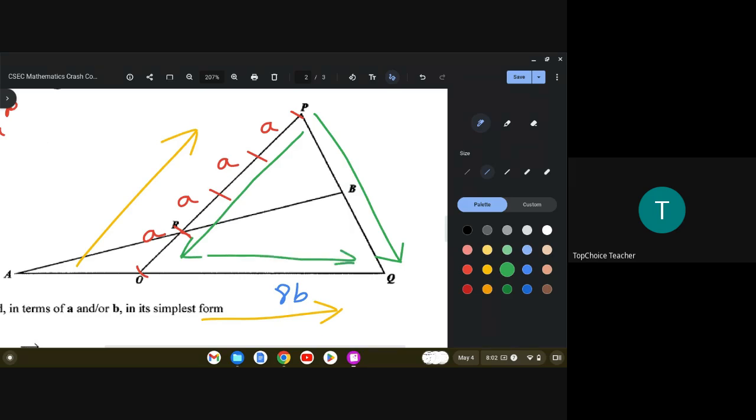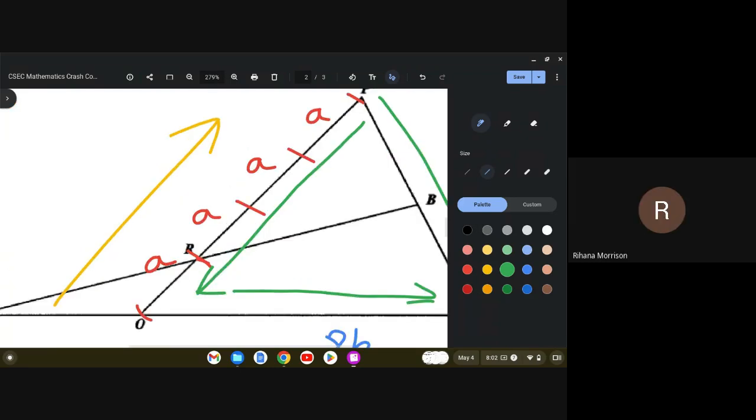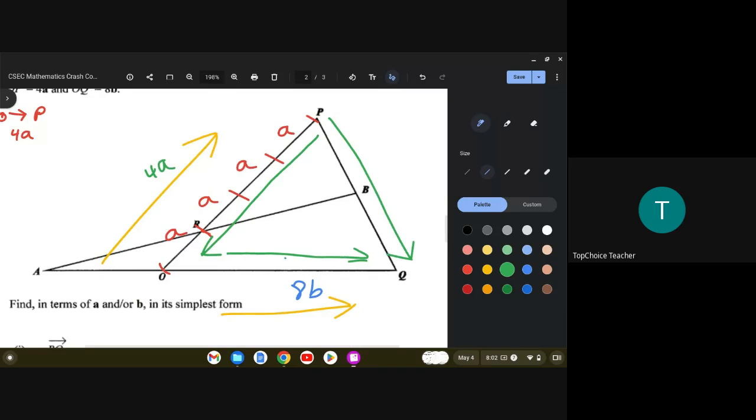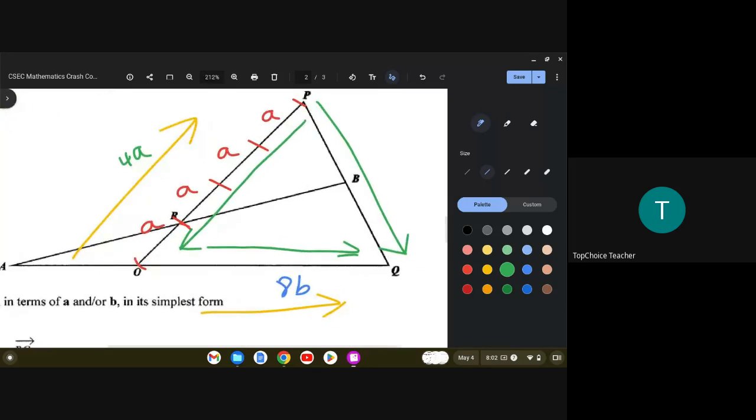Yes, that's the alternate route. So in terms of A and B, can you see that in order to go from P up here to Q down here, we need to go down this 4A and go in line with the 8B, because 8B is between O and Q? So we have to go down 4A and go in line with 8B.